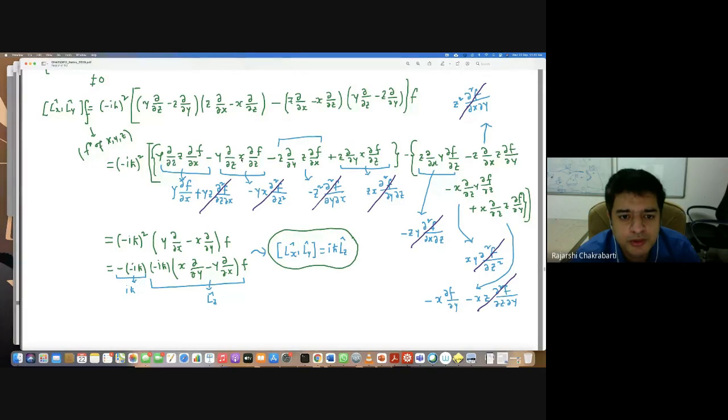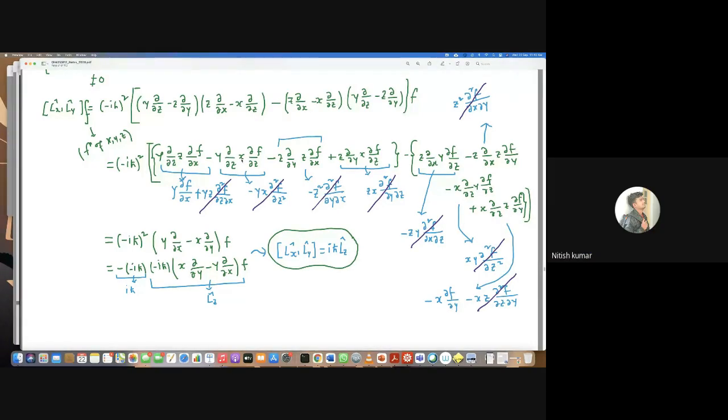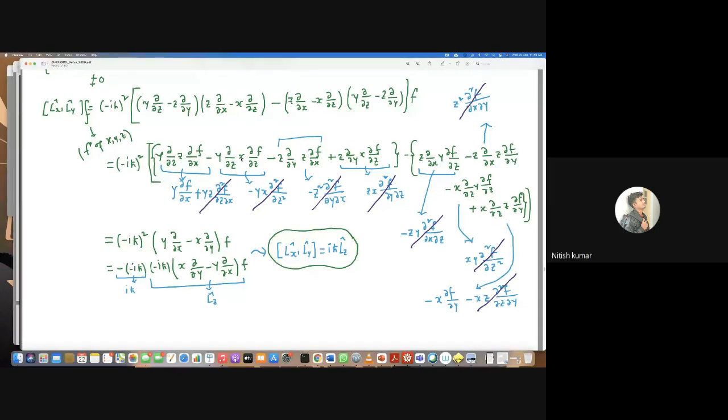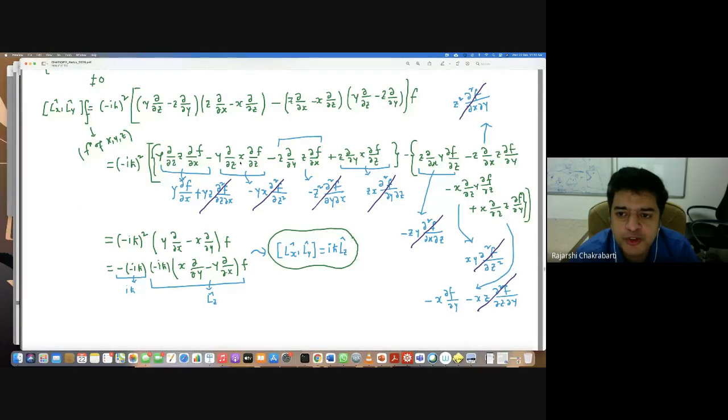Because x has nothing to do with z. How can you differentiate x with respect to z? X has no z component. It will be 0.